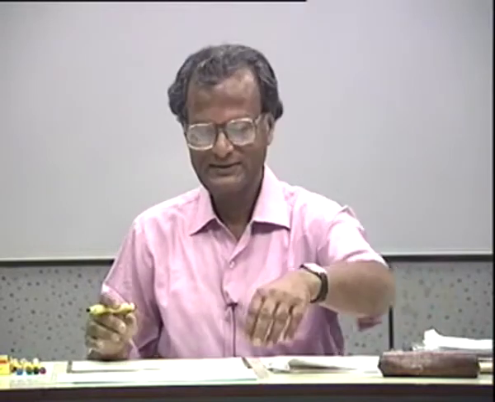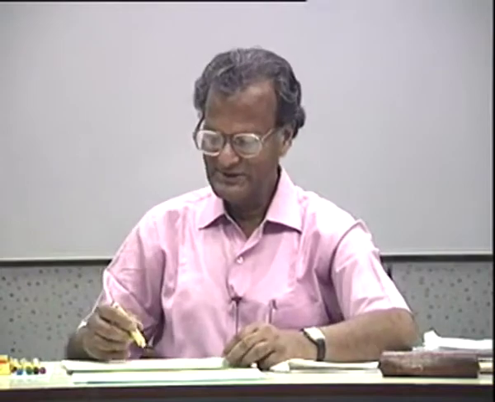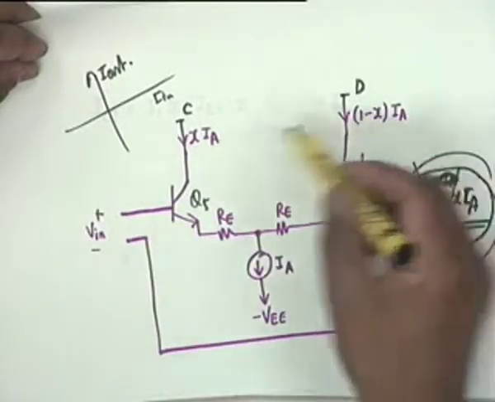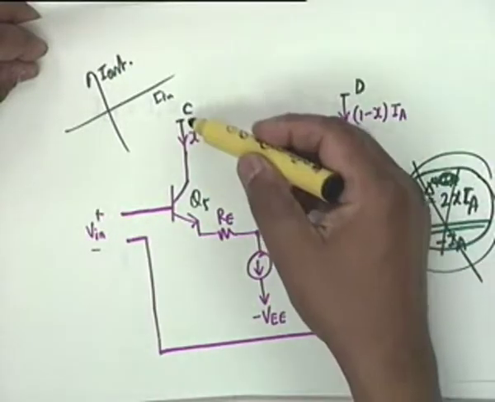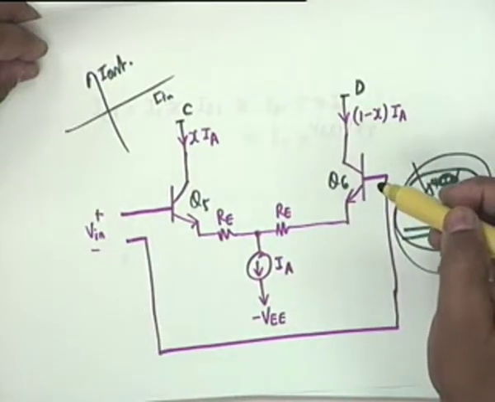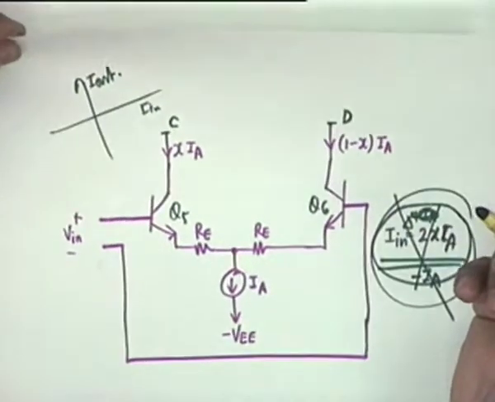X cannot increase because the sum of the two currents has to be equal to IA. X cannot be greater than 1. It's a differential pair. Whatever these two currents are, they must add to IA, and these are the correct directions. Therefore, X cannot be greater than 1.